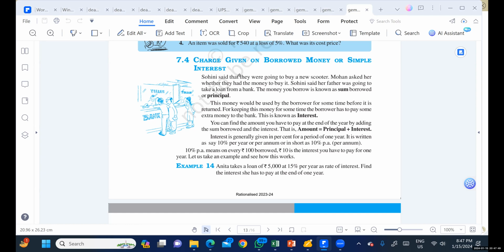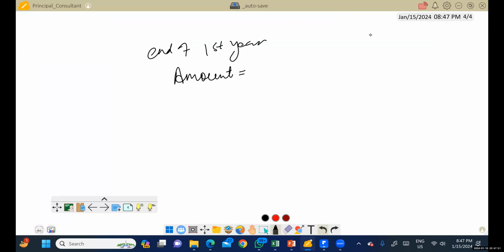So what the bank does, let's say you have taken 100 rupees. Out of this 100 rupees, the bank will break this into, let's say, 3 years. It'll divide this into 3 years.